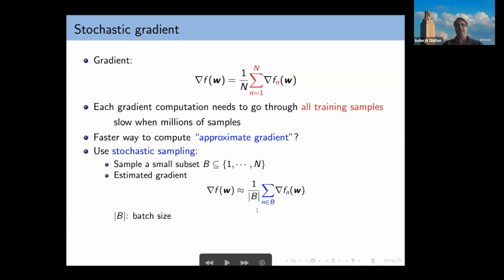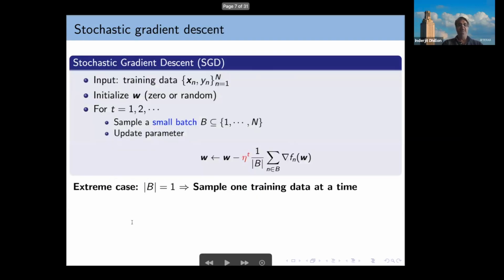And what you say is that, well, I will look at the average, but over a smaller sample of the data, right? So B is the batch, and the modulus of B refers to the size of the batch. And one extreme end could be that you actually take B to be equal to 1. That means you sample one training data at a time.